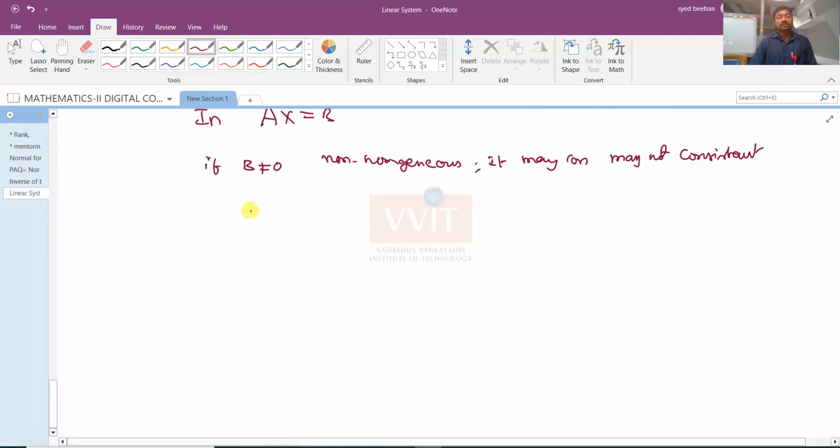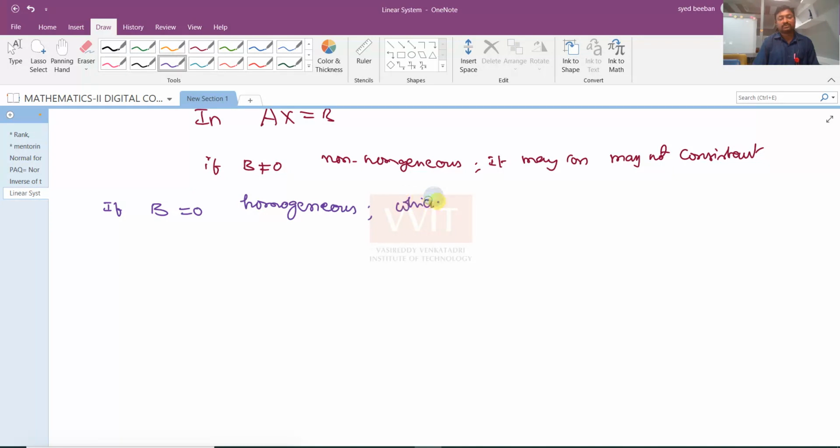Now if b equals 0, then the system is said to be homogeneous, which is always consistent.